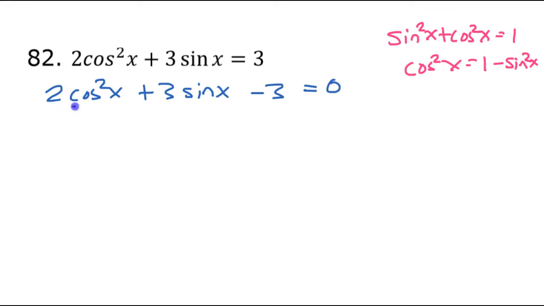So instead of cosine squared, in parentheses, mind you, I can put 1 minus sine squared. So this will be the same thing as 2 times 1 minus sine squared, and then the rest of it.